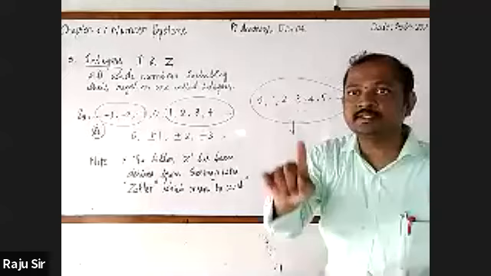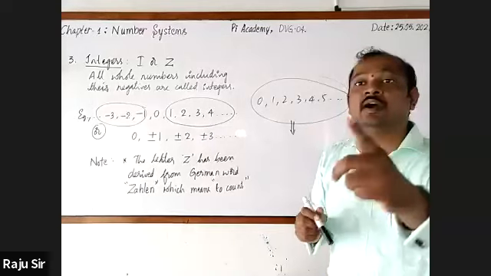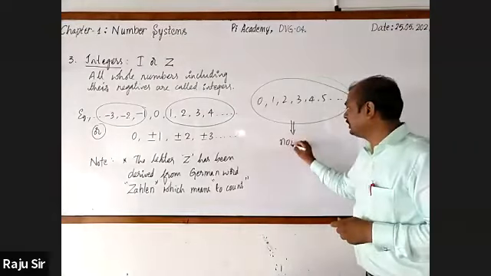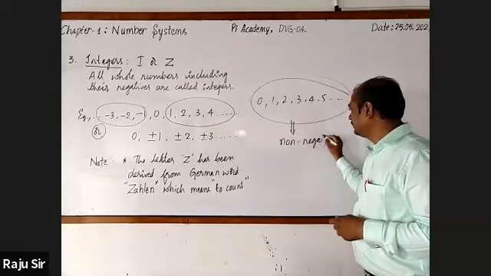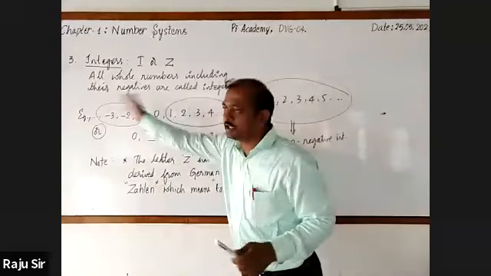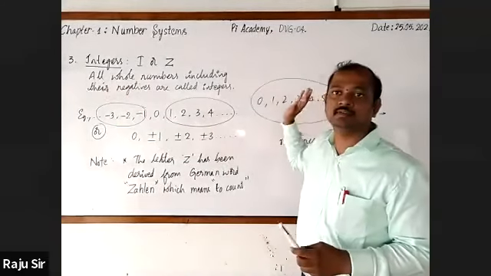Whole numbers. These numbers are called non-negative integers. You have come across non-negative integers, no? Non-negative integers mean except negative numbers, you have to take the remaining.